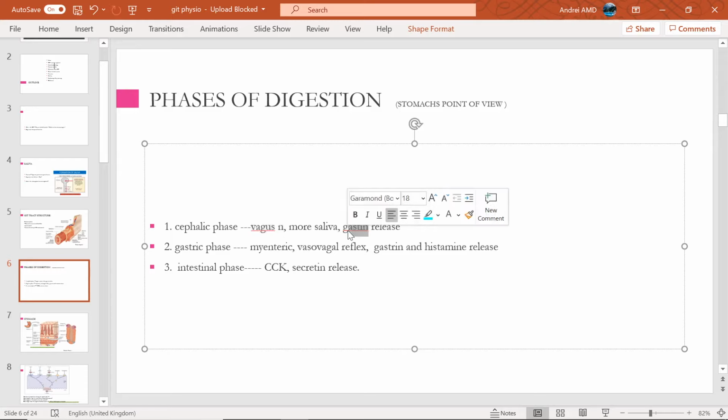And then we have this gastric phase. This is probably the phase that everybody would think of when we're eating. This is when our mesenteric nerves are activated.